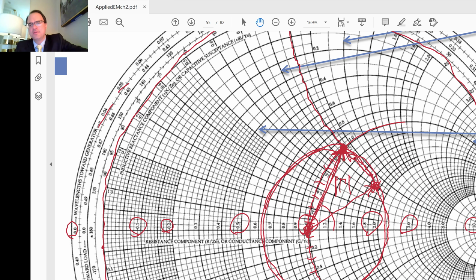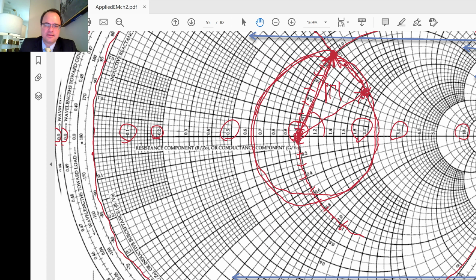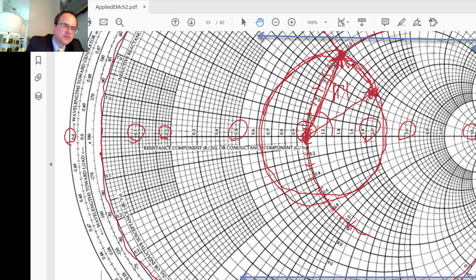By the time we get over to here, it is 0.025. And when we go all the way back, we eventually get 0.49 and finally 0.5.